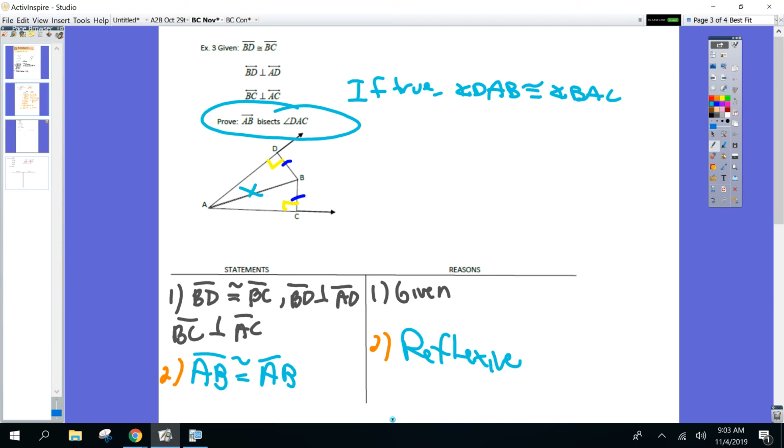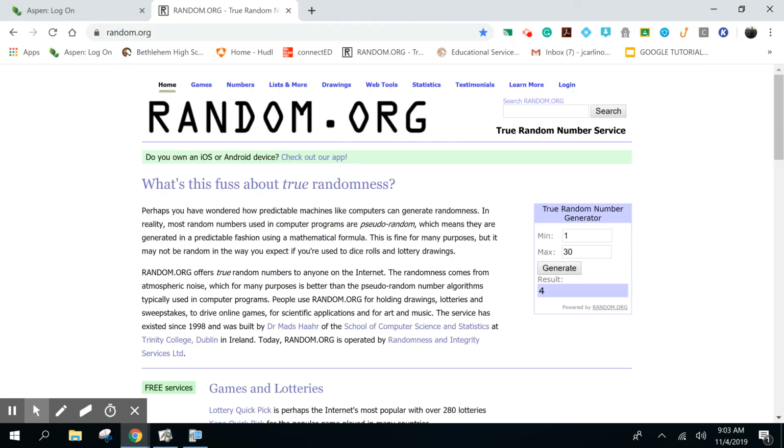Nope. What's AB acting as in the right triangles? That's the hypotenuse. There's only one there. And then how about DB and BC? Legs. All right. You got the reflexive side for me. You got the legs for me. What else still needs to go in here before the triangles are congruent?